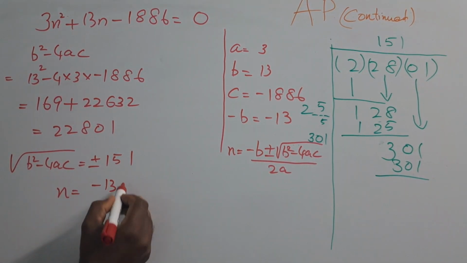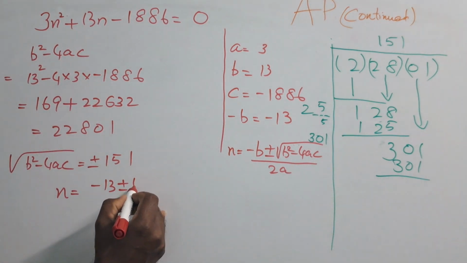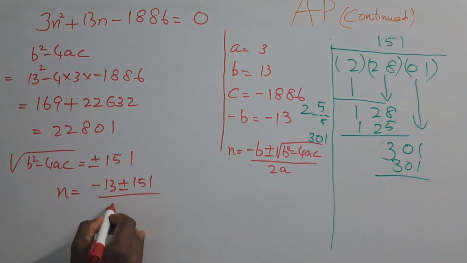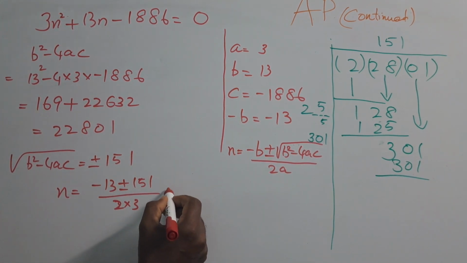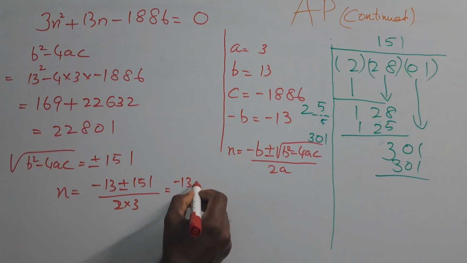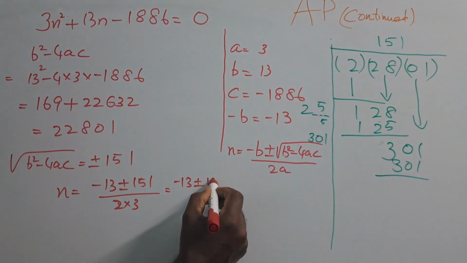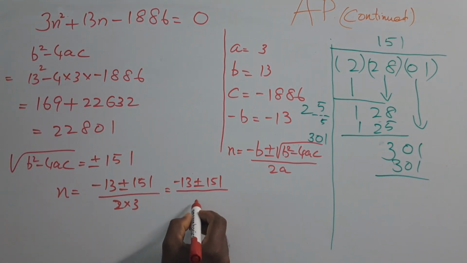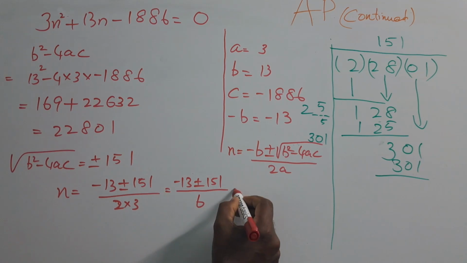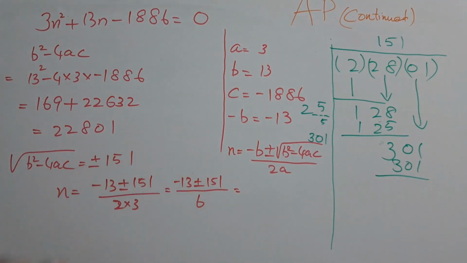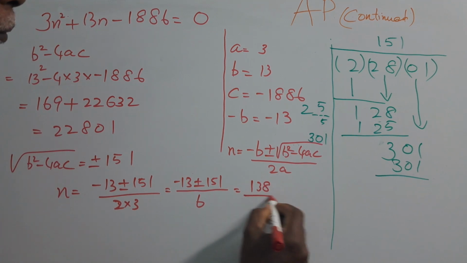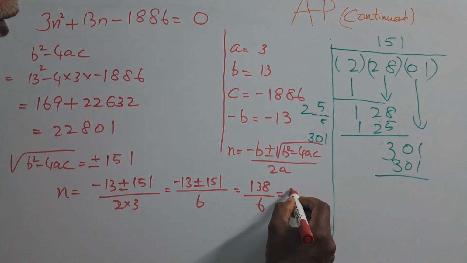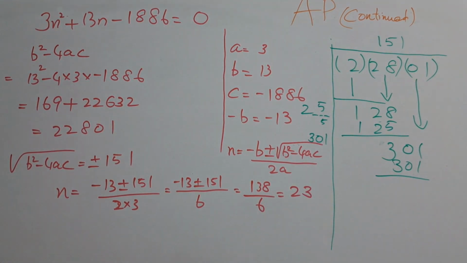Now the value n is equal to minus 13 plus or minus 151 by 2a, 2 into 3, which is equal to minus 13 plus or minus 151 by 6. Minus 13 plus 151, 138 by 6, is equal to 23.